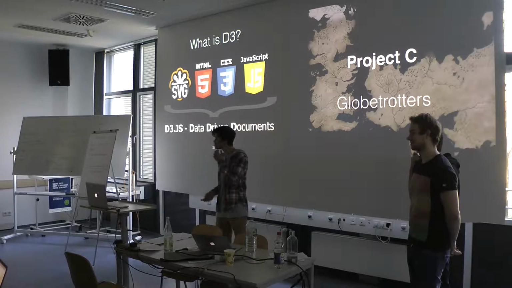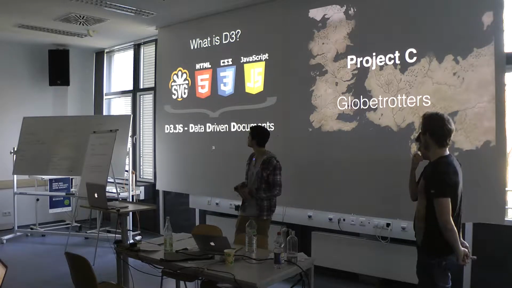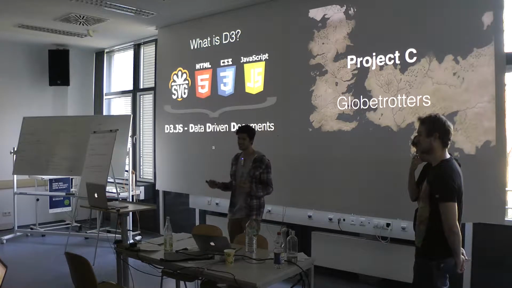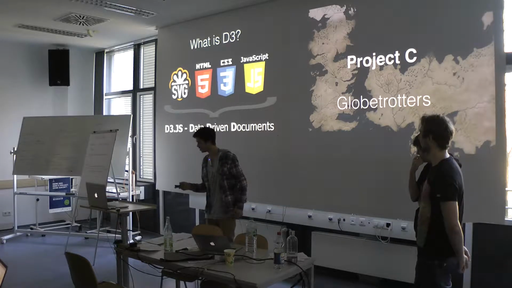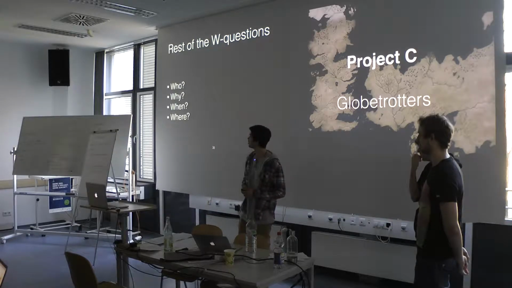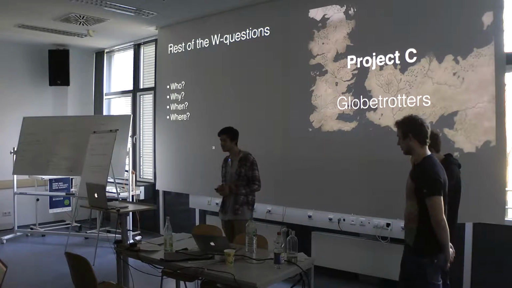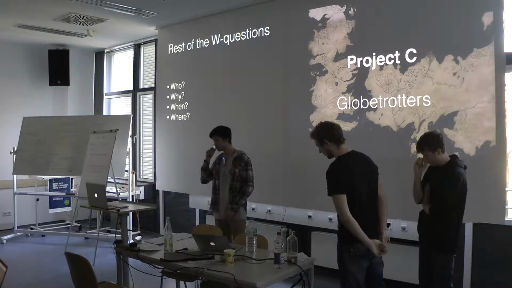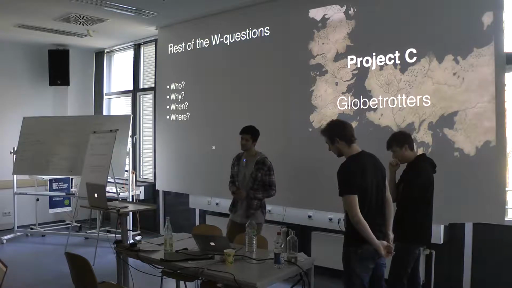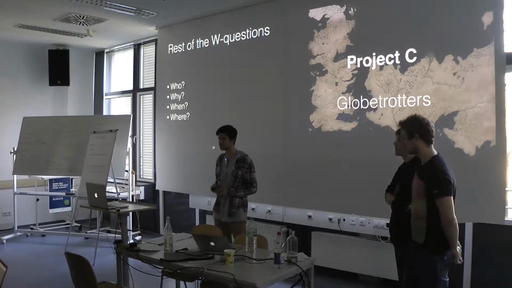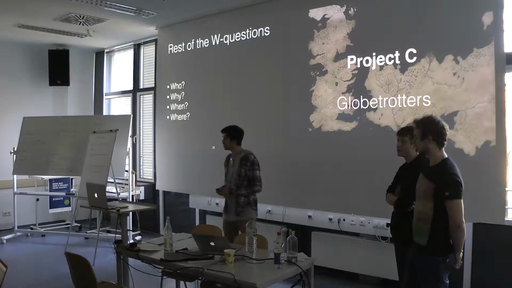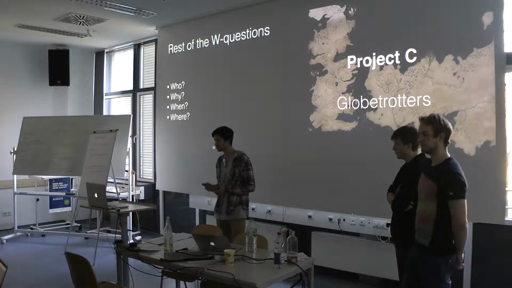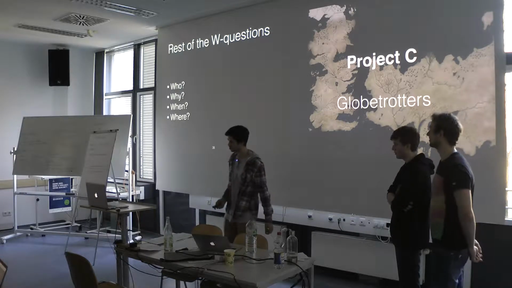It mainly uses SVG, HTML5, and CSS3 to make the data come alive. So the next question is who developed D3. It's Mike Bostock. He developed D3 as a PhD student at the Stanford Visualization Group, and he now works for the New York Times because the New York Times sponsors his open source project.